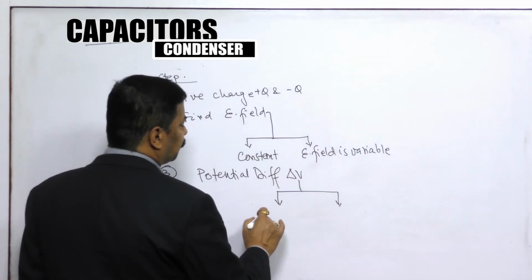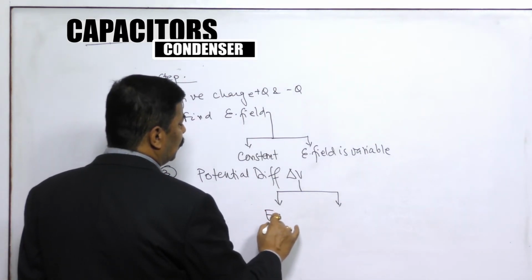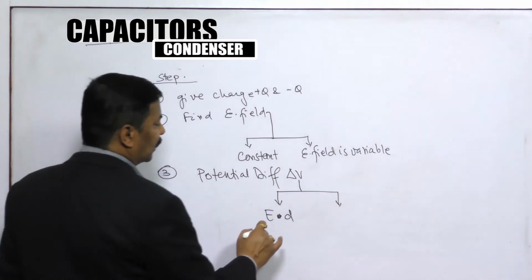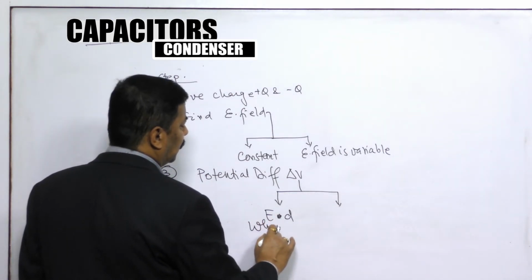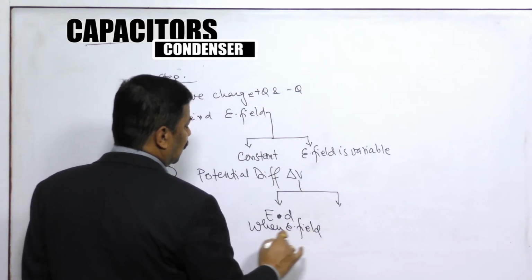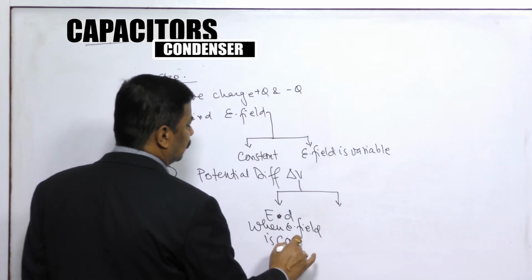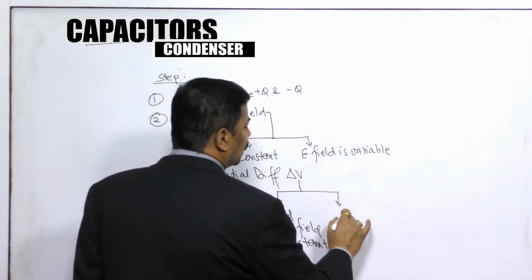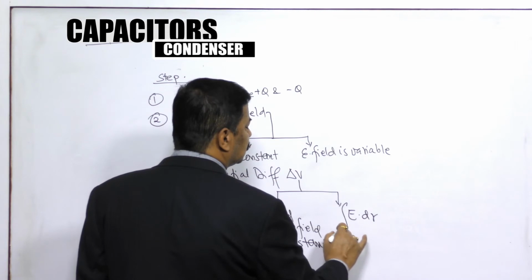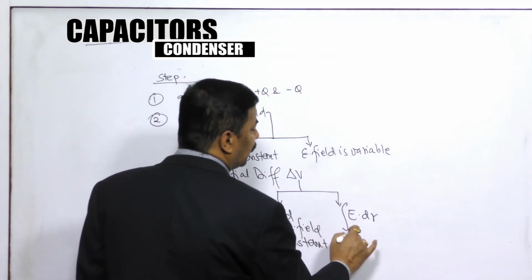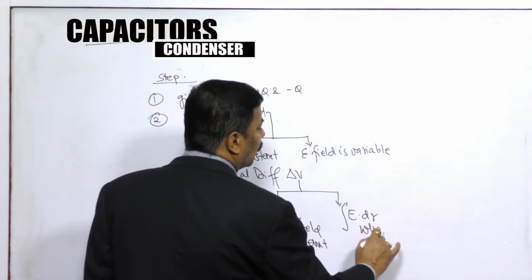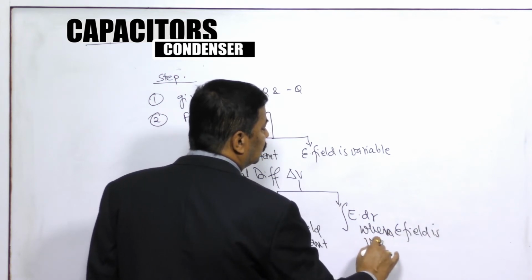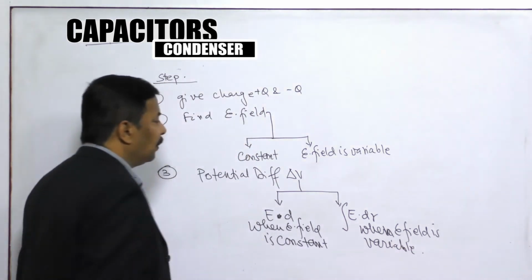You will be using E into D for a constant electric field, when the electric field is constant, and you will be using E into dr integration when the electric field is variable. So you will be getting the potential difference.